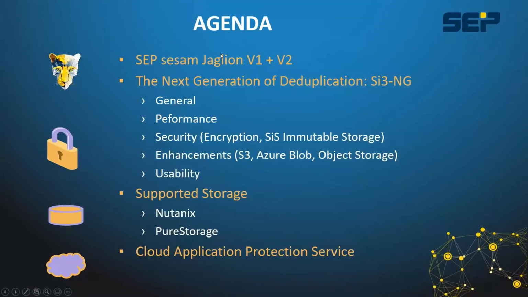I will talk about the Jaglion version in general a little bit, and then I will talk about the most important and most interesting topic of this session, our next generation deduplication and all the enhancements and implications for your concepts.